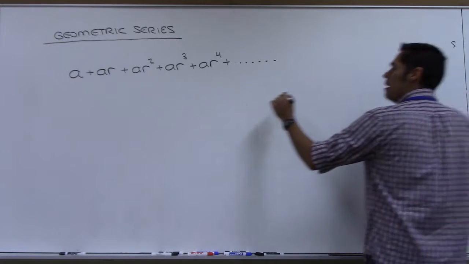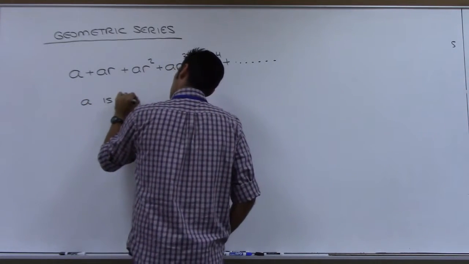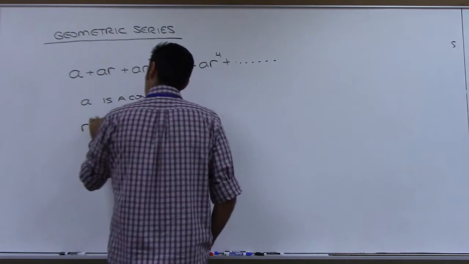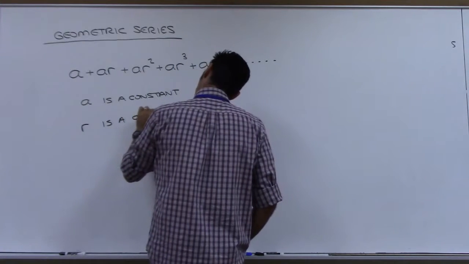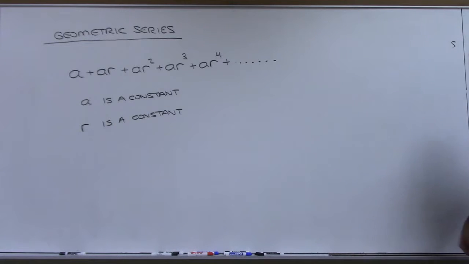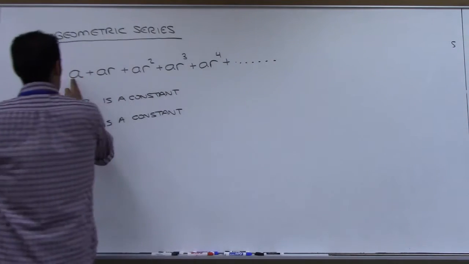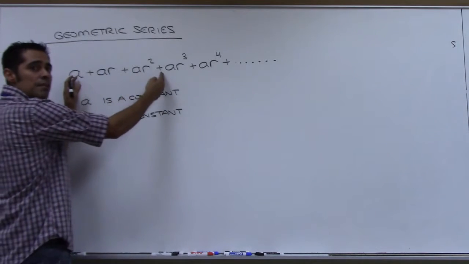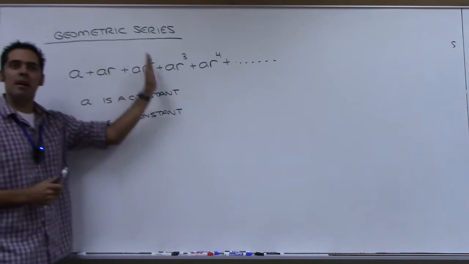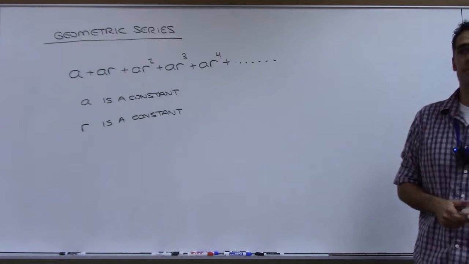Here, A is a constant, and R is a constant. So what we have in the series is a number that never changes throughout the entire sum, and then next to it a number whose power keeps going up every single time. That's what a geometric series is.